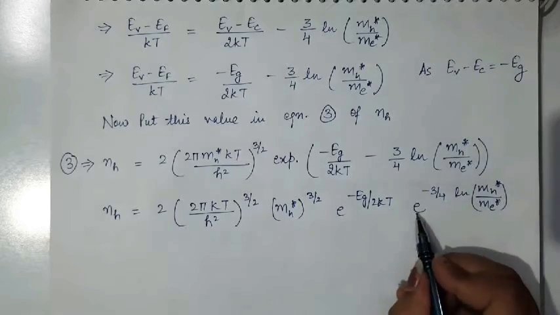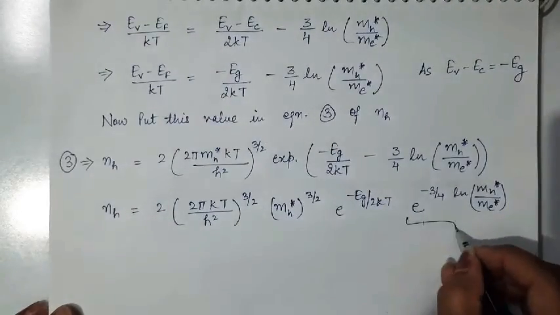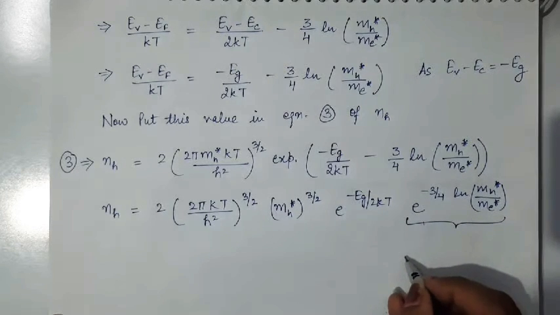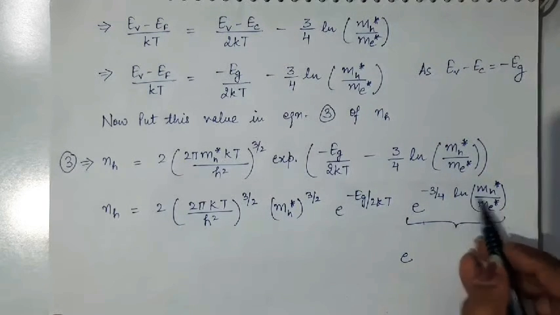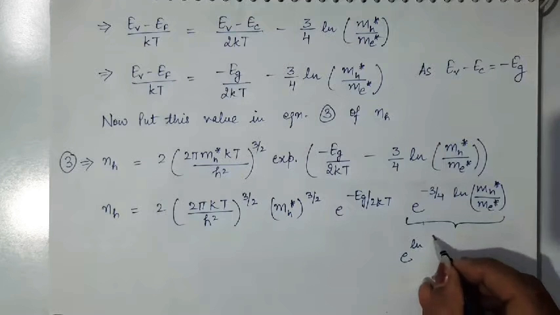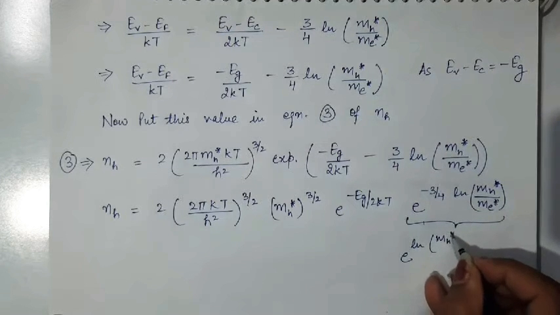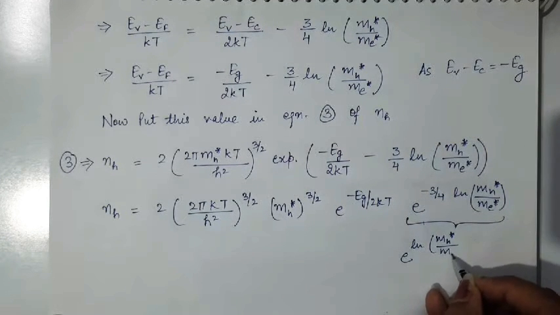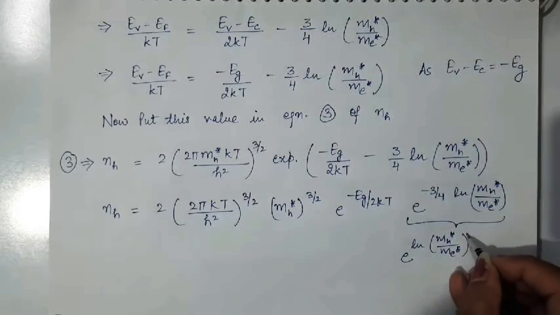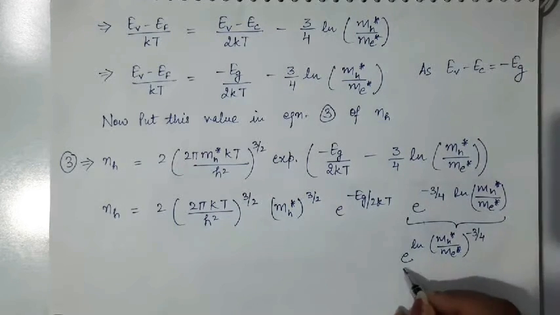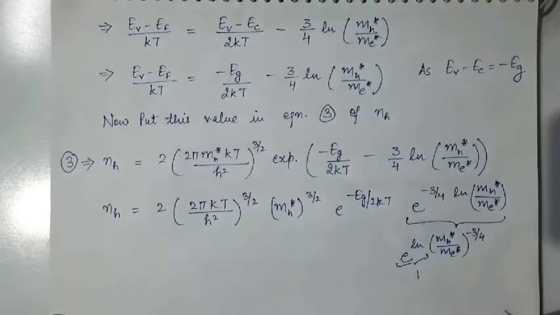Then apply the formula of e raised to power n log m, it is equal to m raised to power n, and this is equal to 1.